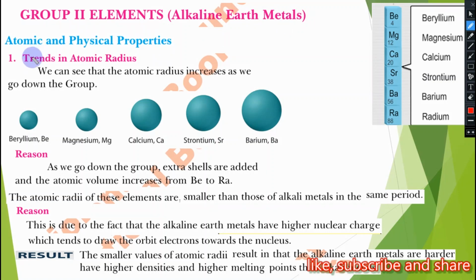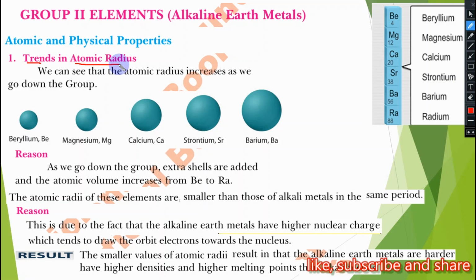Among atomic and physical properties, first we discuss the trends in atomic radius and atomic size. We discussed in the previous lecture what atomic radius is: the distance between the nucleus and the outermost electron.